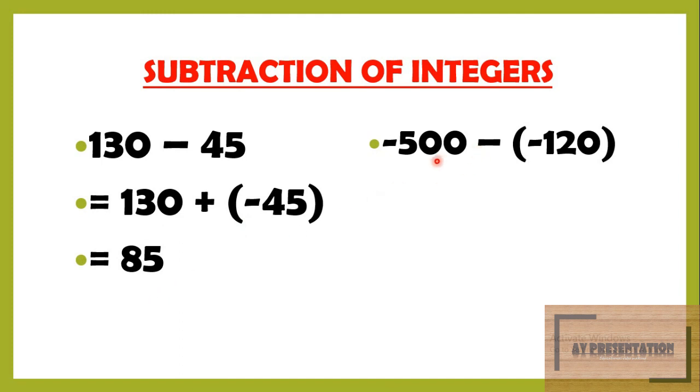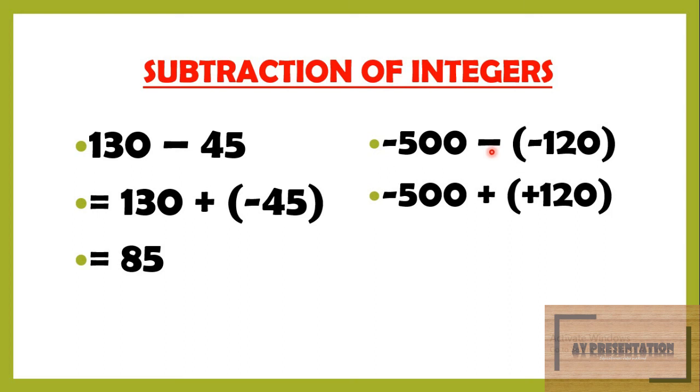Let's check another example. Negative 500 minus negative 120. The first number, negative 500, write as it is. Then convert the negative sign into a positive sign. Then negative 120 is converted into positive 120.